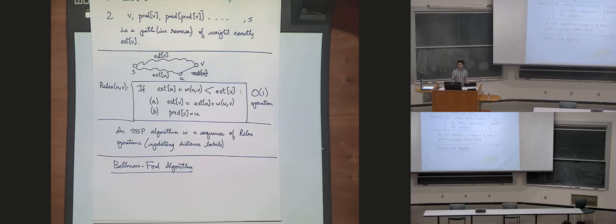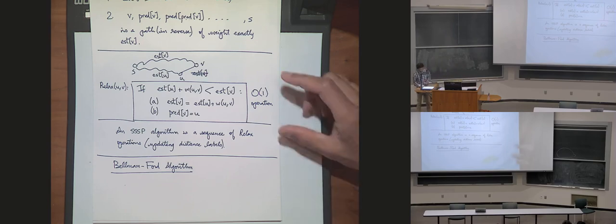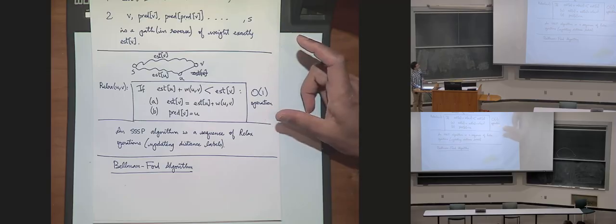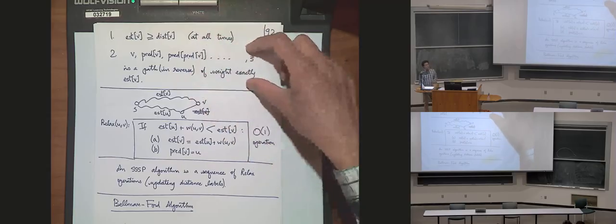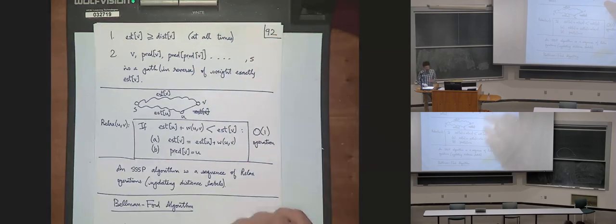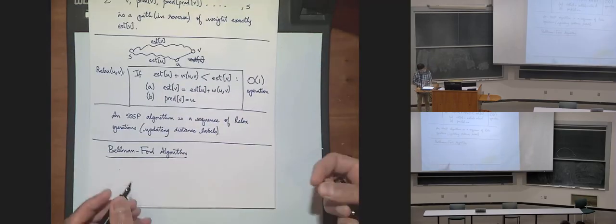How many of you remember the Bellman-Ford algorithm? Some of you, sort of, kind of? Okay, good. So it's worth going over. So remember, we discussed that the relax operation is a safe operation to do, meaning that you will never make mistakes. By mistakes, I mean you'll never violate this property at the top. Okay? All right, so here's what the Bellman-Ford algorithm says.